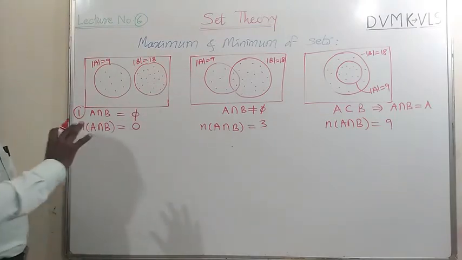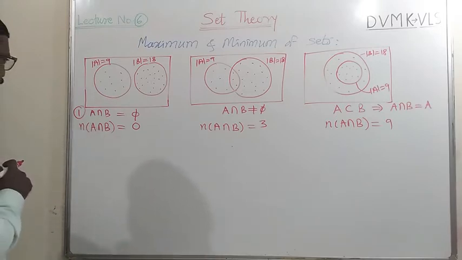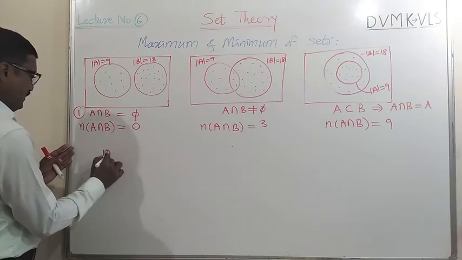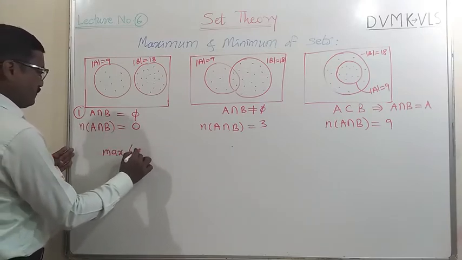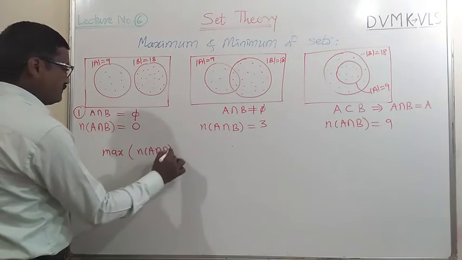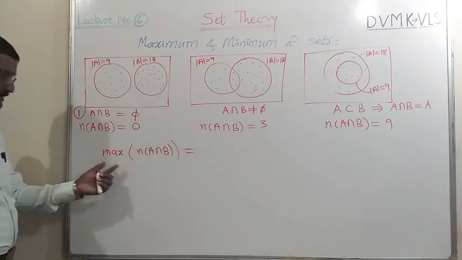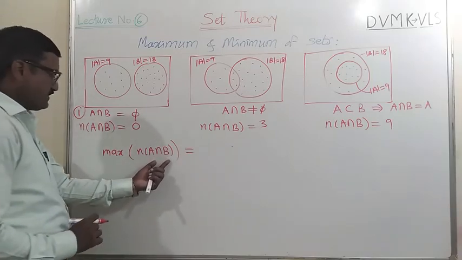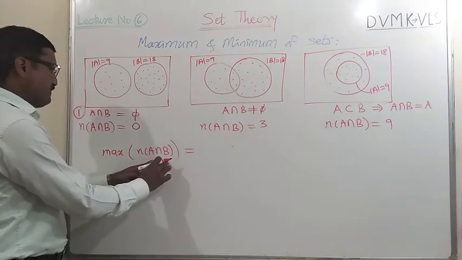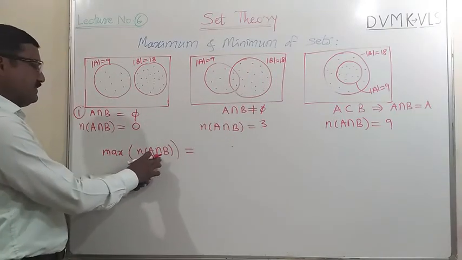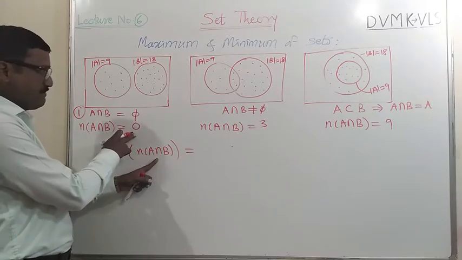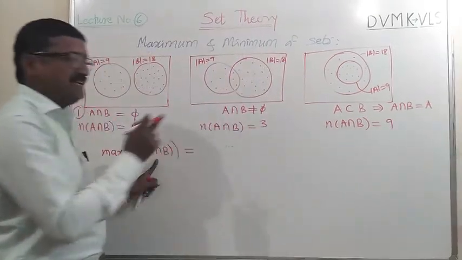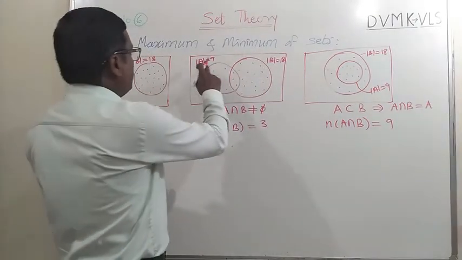Now let us find the maximum and minimum here. We want to find, first, the maximum number of elements in A intersection B. Whenever two sets are given, these are the 3 cases for 2 sets. So find the number of elements in the intersection. Here the number of elements is 0, here it is 3, and here it is 9. So what is 9? 9 is the minimum of the two.